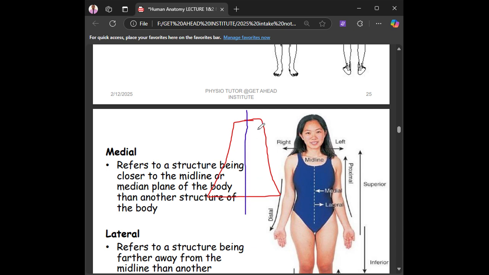So this being our midline, when we move towards it, it becomes medial.